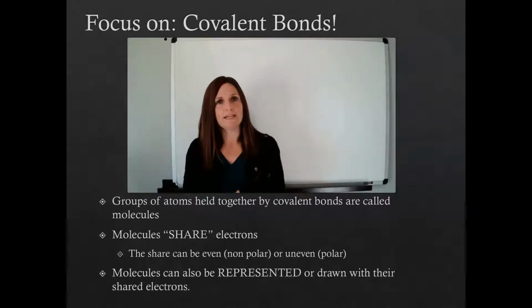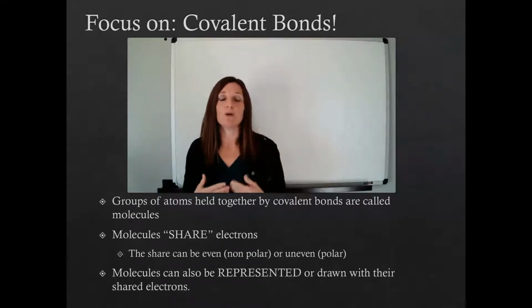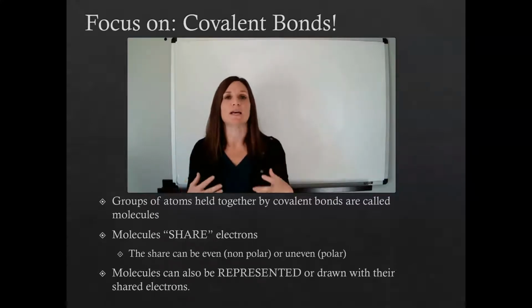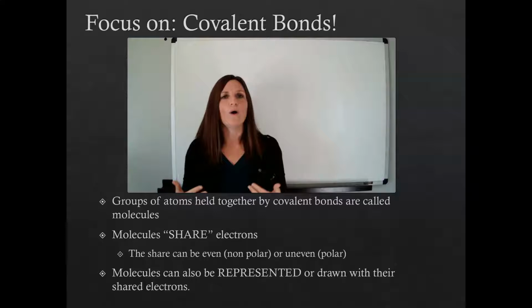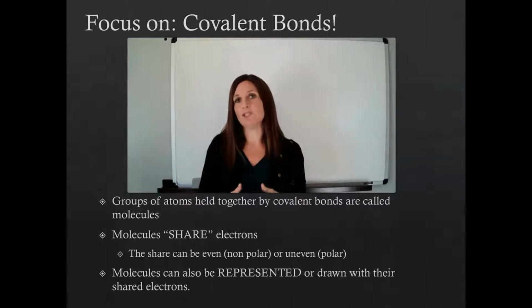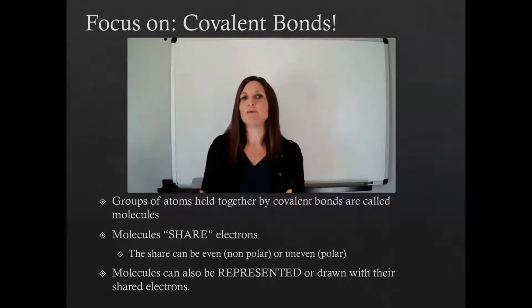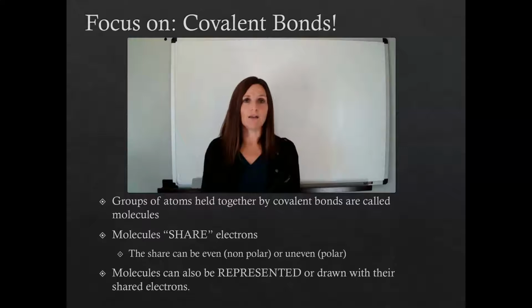So what we're going to be doing now is working on how we can represent these molecules, which are held together with covalent bonds, on paper in a way that tells us a little bit about how they're behaving. One really important thing that we need to do as chemists is be able to predict the behavior of a molecule.